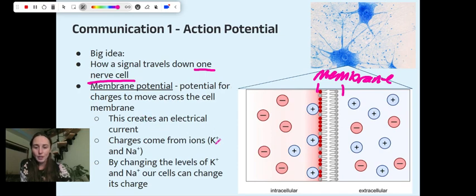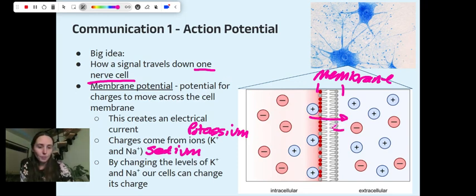In our case, we are looking at potassium ions, represented with a K, and sodium ions, represented with Na. So if our cells can let any of these ions go back and forth, that's how they can change their electrical charge. And that's really just the big idea.